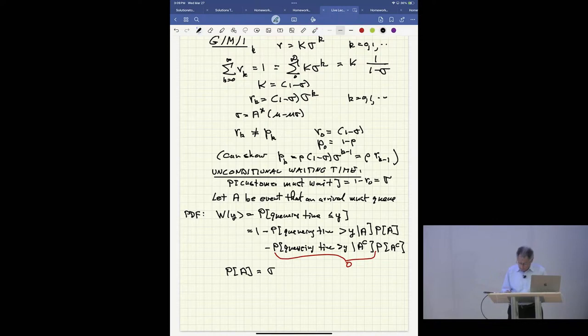So capital W of y, namely this thing right here, is equal to 1 minus that integral of the function upstairs times sigma for P of A. So it's sigma, and the rest of it is simply, when you integrate, e to the minus mu, 1 minus sigma, y. And that's for y greater than or equal to 0.